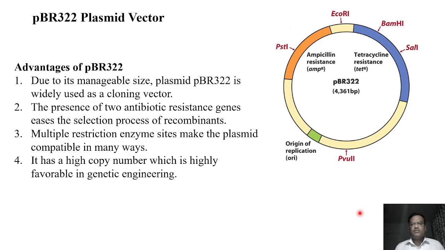So the presence of two selectable markers, a high number of restriction sites, small size of the DNA molecule, and copy number, all these characteristics make pBR322 a very useful gene cloning vector, and it was widely used in recombinant DNA technology.